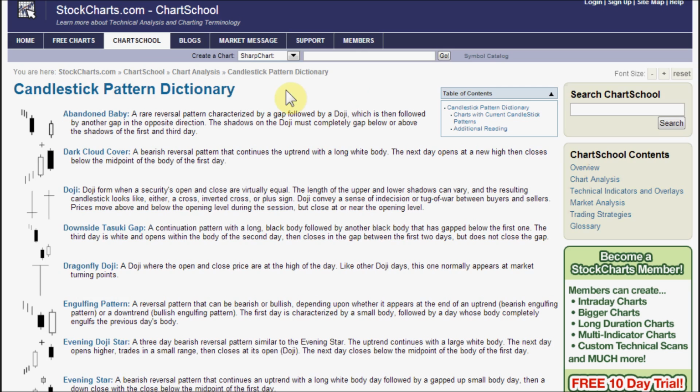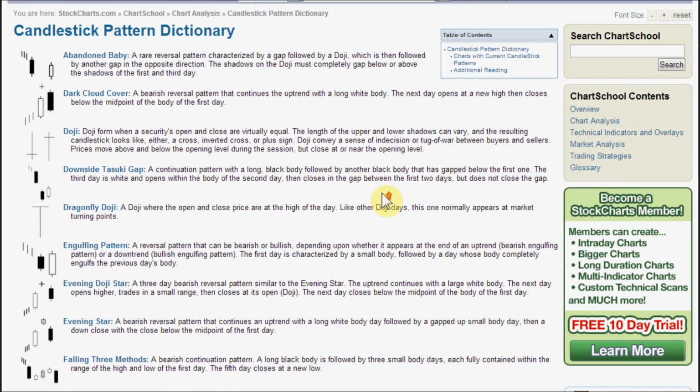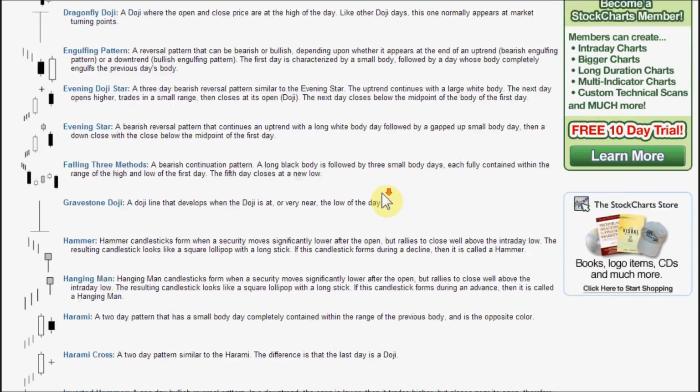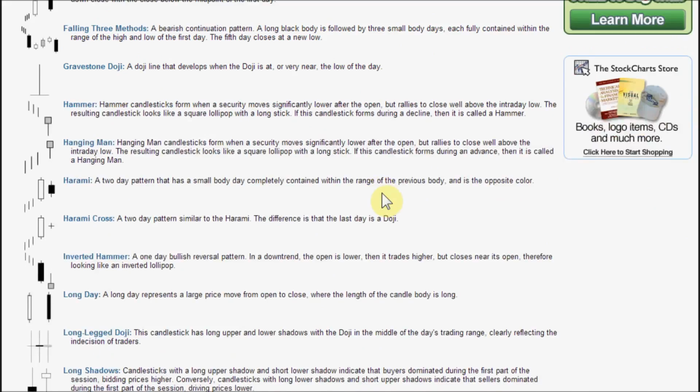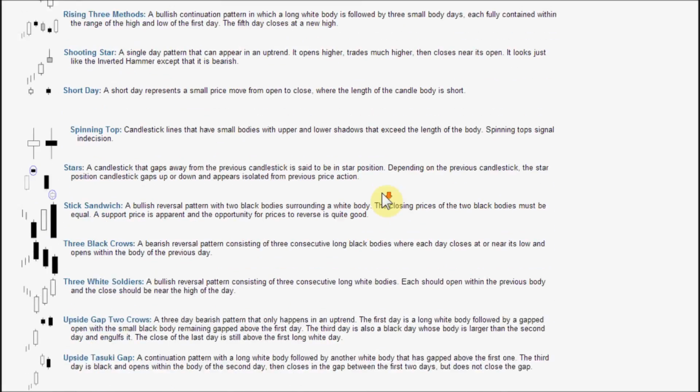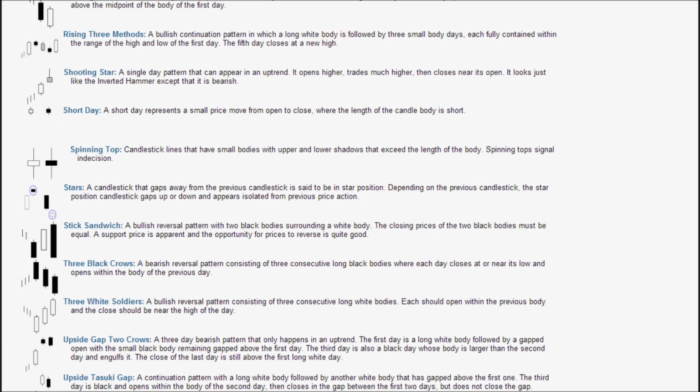Now, StockCharts.com pretty much covers it all, but there are some other sites out there that do a great job of explaining a few other things. The pattern dictionary will give you a very good look at numerous setups, some of the most common ones.